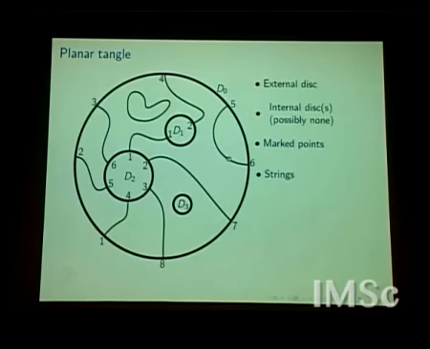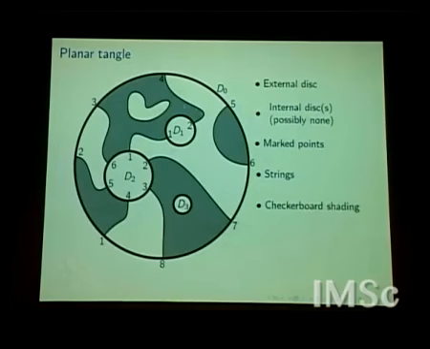And moreover, you will have a checkerboard shading like this. Given a tangle, you have 2 kinds of shading, and the shading is a part of the data of the tangle. Once you have a shading, the numbering becomes irrelevant, because the numbering is done clockwise on each disk, and between the last and the first point, if you put a sign plus or minus depending upon whether it is shaded or unshaded, then you can recover the numbering going clockwise.